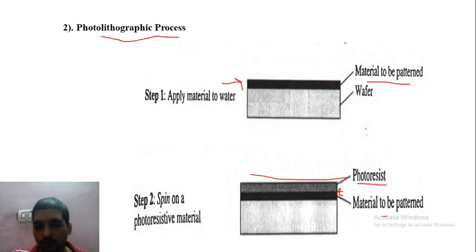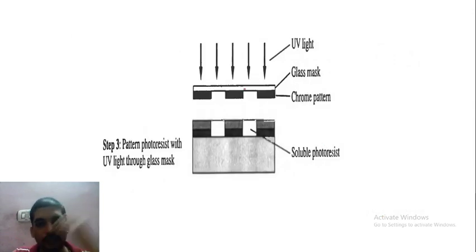Initially we have grown the photoresist onto the entire wafer, and then we create a set of optical masks so that when light falls onto this, wherever the light falls, that portion becomes liquefied. This is the pattern.